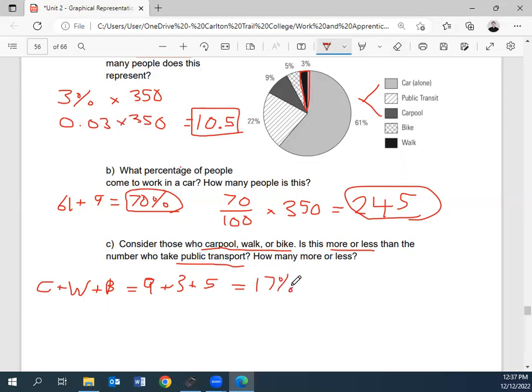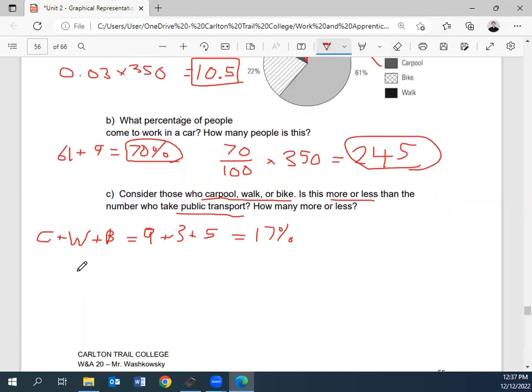Cool. And then for public transport, I can see that 22% take public transport. So we need to make a statement with this, right? So less people, let's just put 5%, because that's what it is, right?